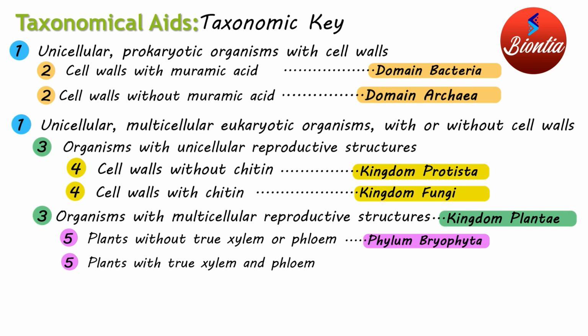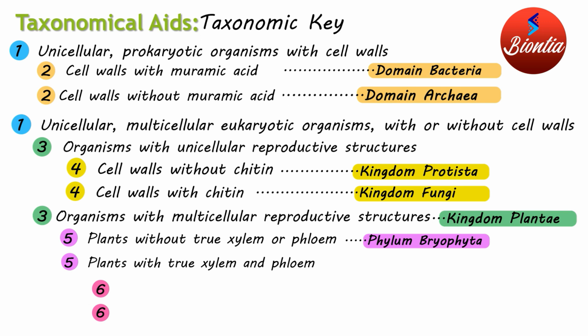But suppose the specimen, because we are taking the kingdom Plantae, has true xylem and phloem. Obviously, that may belong to lots of categories, because it is further divided into pteridophytes, gymnosperms, angiosperms, and so on. So it will keep going until his specimen is placed in a specific, well categorized taxonomic category.